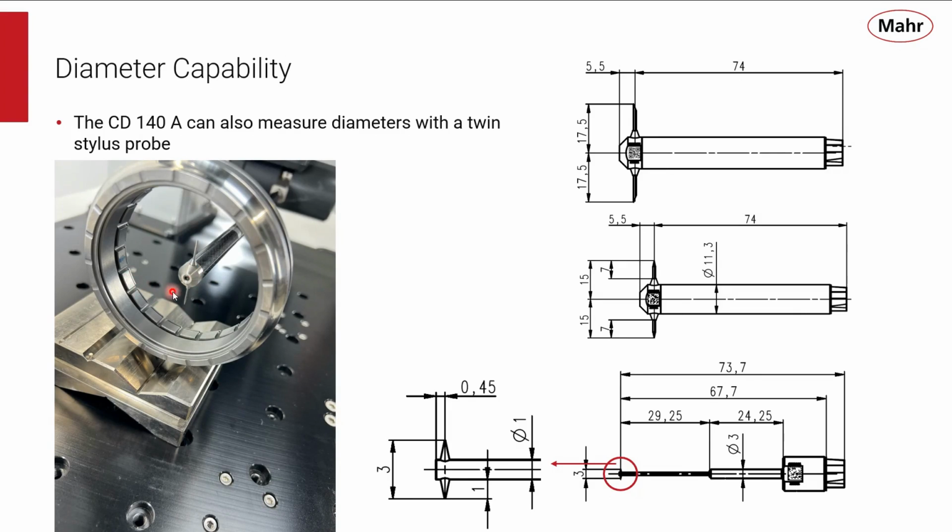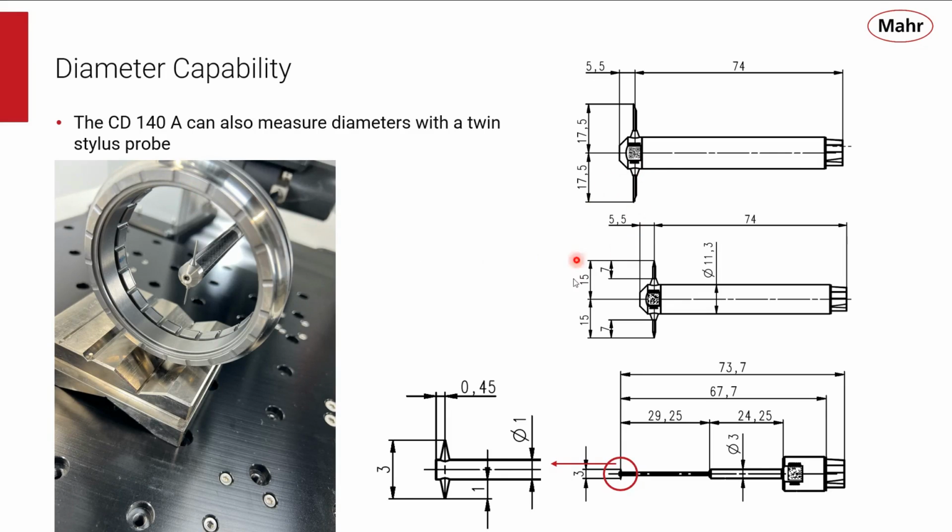So we can take 2 separate measurements, one contacting with the lower stylus here, and then another measurement contacting with the upper stylus on the upper end of the ring, and then relate those 2 profiles together to measure the diameter of an ID or an OD.